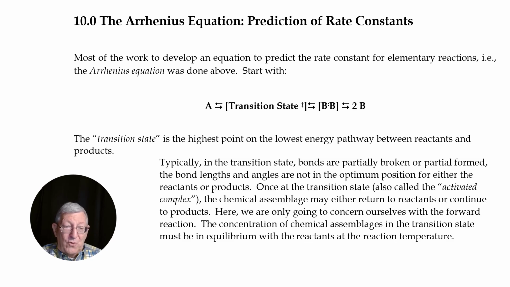So once you get to the transition state, you have all the energy you need and all the pieces you need to go forward. And the question is, how fast can that happen? Basically you're talking about changes in bond lengths and bond angles as you go through here.